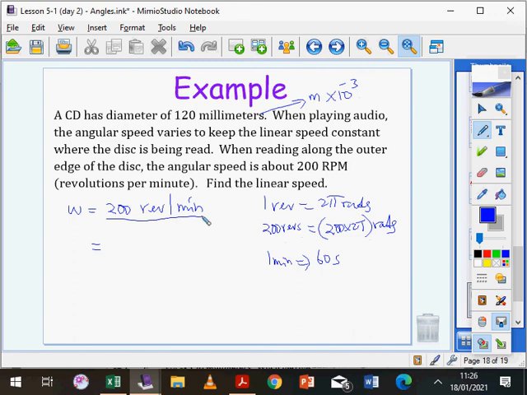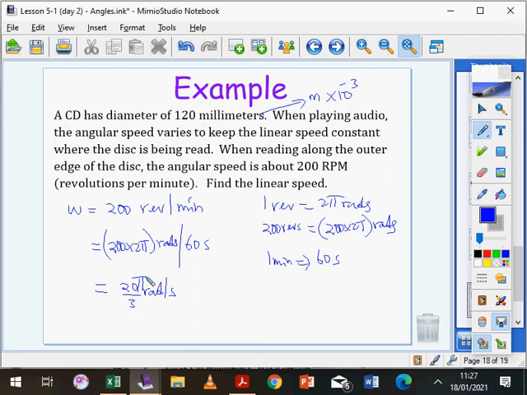Instead of 200 revolutions, I'm going to have 200 times 2 pi radians, and instead of a minute, I'm going to have 60 seconds. So my final answer is 200 times 2 pi divided by 60. Basically 200 times 2 divided by 60, 400 divided by 60, is 20 out of 3 pi radians per second.